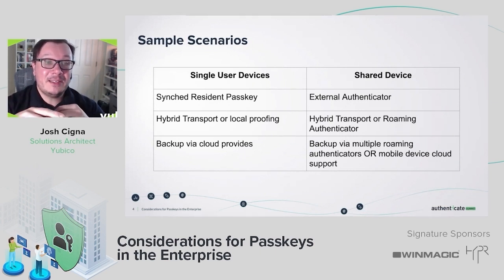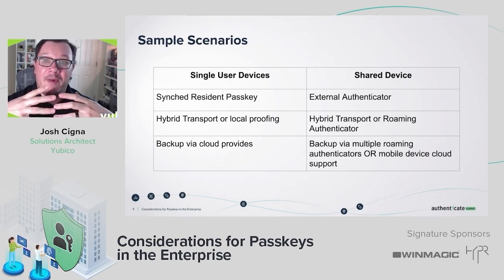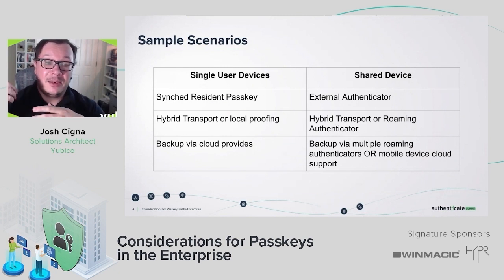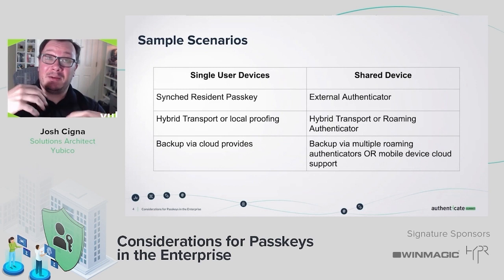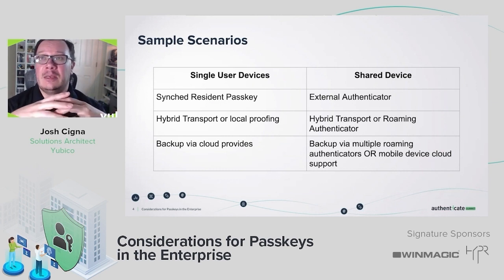With single user devices, you also get a lot of recoverability because you can do a lot of backup via cloud providers. When you move into the shared device space, you're going to want to evaluate external authenticators or roaming authenticators. Those are authenticators that can live with your employee or your client and move from machine to machine, as opposed to the credentials living within the device itself.